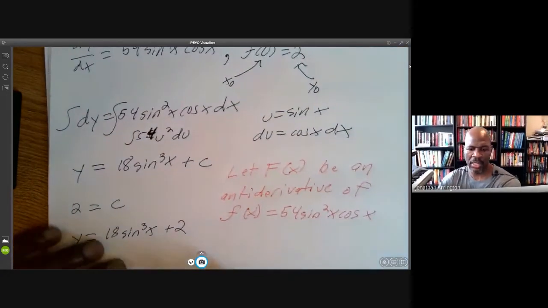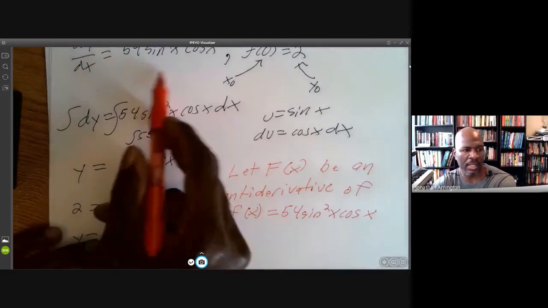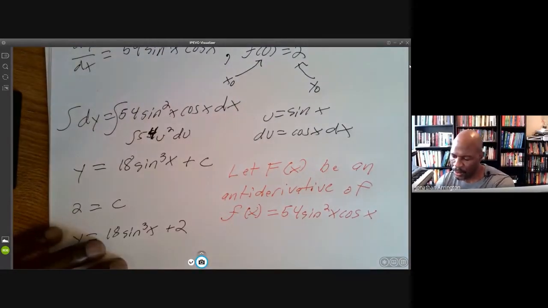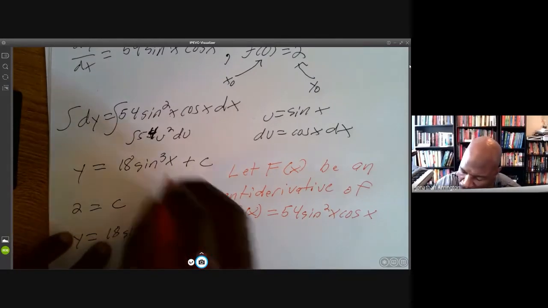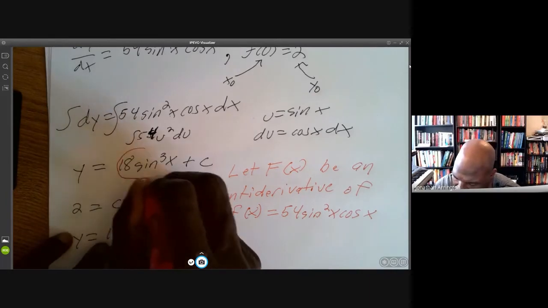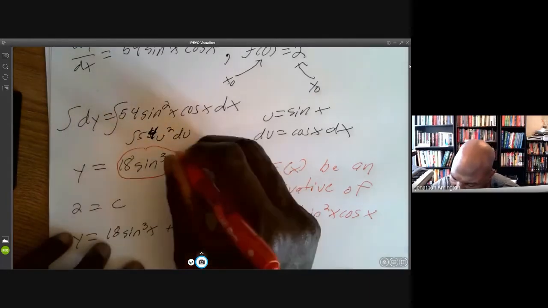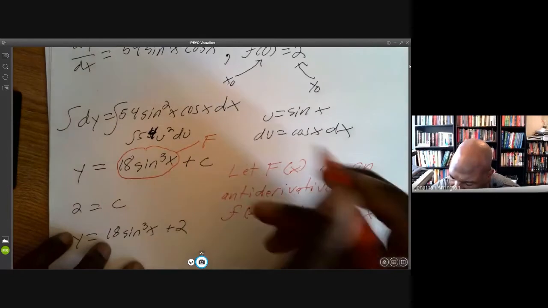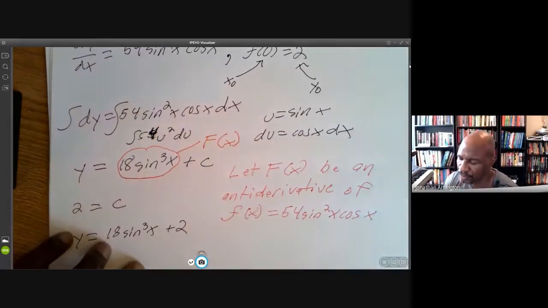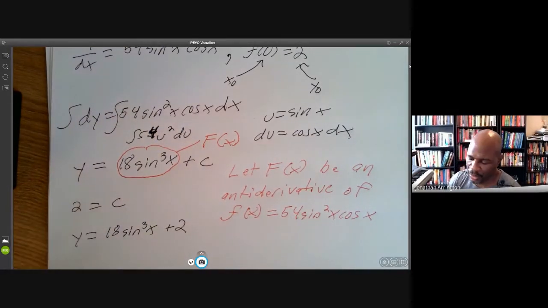All right, so I'm going to let big F be an antiderivative of f, and I'm saying this guy is f right here. An antiderivative of that would be this guy. So what we have here would be big F of x.